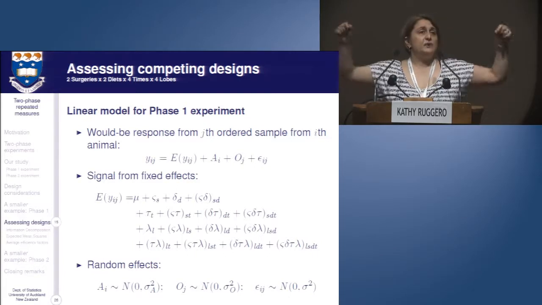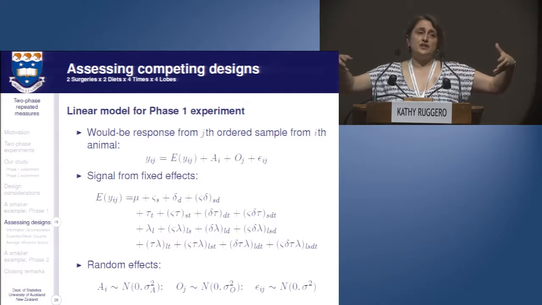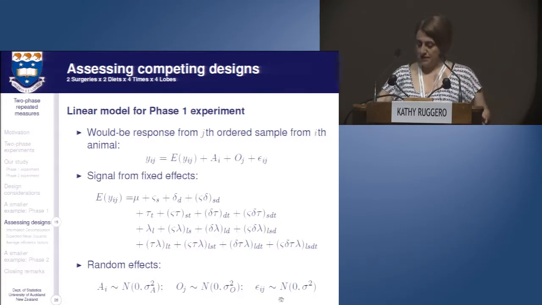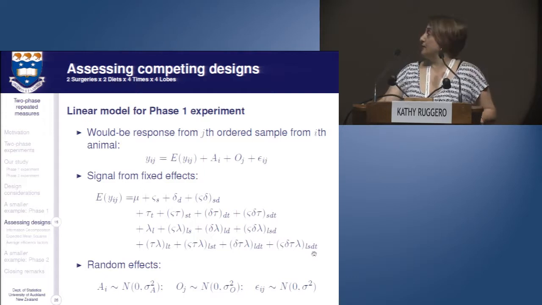And if we could measure the thing that we want to measure, protein abundance at this stage, we would have this sigma squared down here, okay? So this is within animals and order. Now the symbols here represent: it looks like an S for surgery, delta D for diet, tau for time, lambda for lobe. So that's all those symbols really are there for.